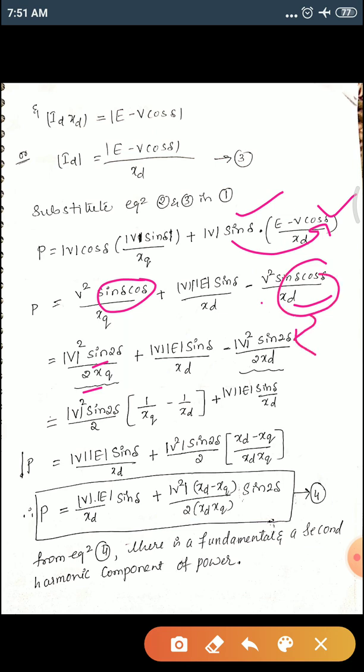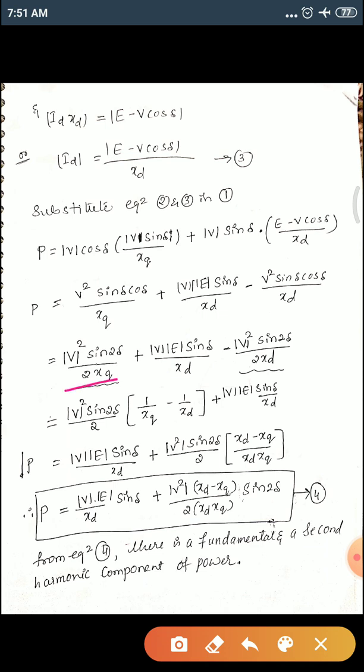Now in this equation take these two terms. Among these, the terms which are common, you just take outside. It is V square sine 2 delta divided by 2. If you take that outside, 1 by xq and 1 by xt remain inside, plus this term as it is. We'll take this term first, and then this term is kept second.